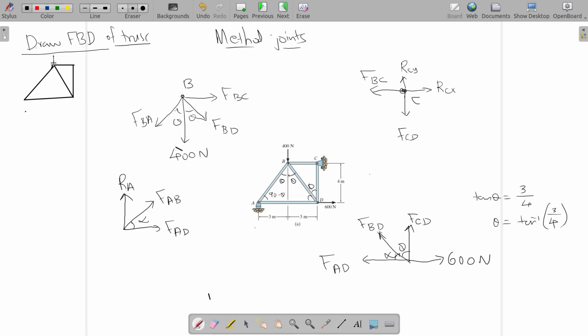So you have 400 Newton here, 600 Newton here, and here you have RCX, and upward you have RCY, and here you have RA.